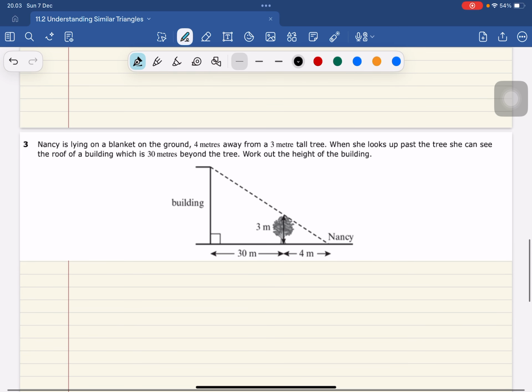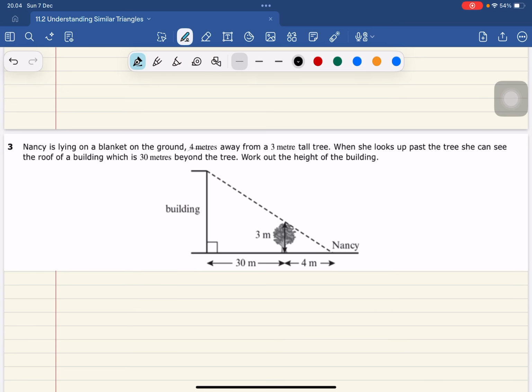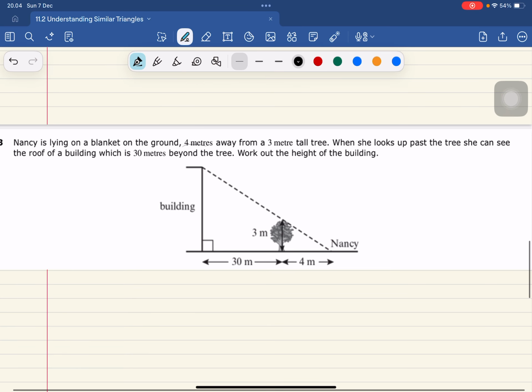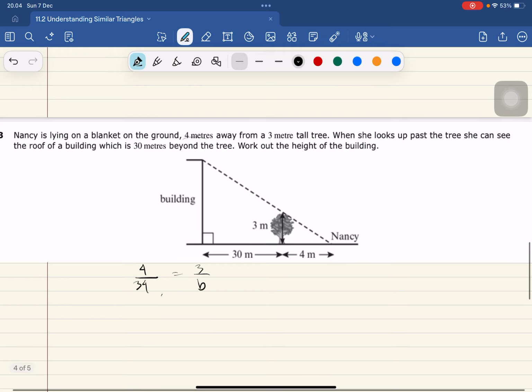Nancy is lying on a blanket on the ground 4 meters away. Okay, first we got 4 over 34 equal to 3 over building. Let's call it B. So 4B equal to 34 times 3.